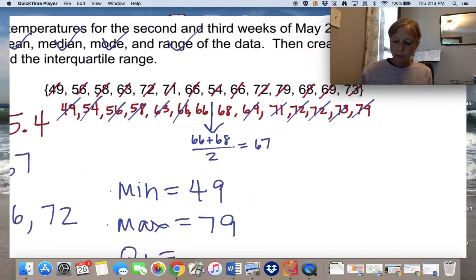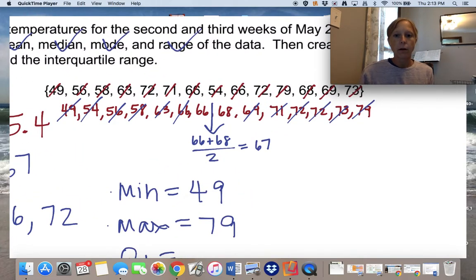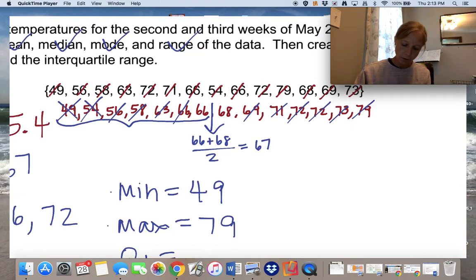So notice when I did my crossing out, I crossed them all out the same direction. My first quartile is going to be the middle of this set of numbers. So I'm going to cross out the other way, and it'll help me to keep track.